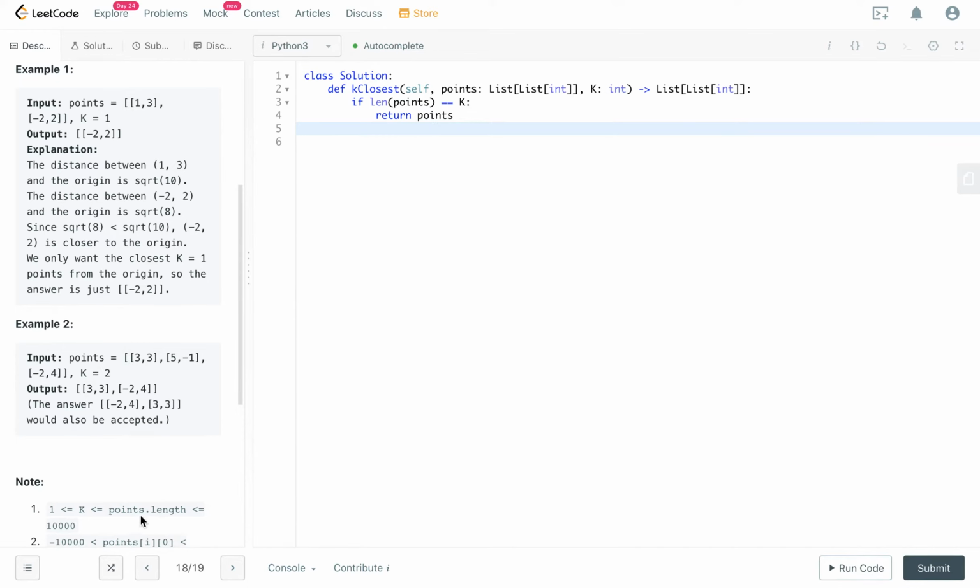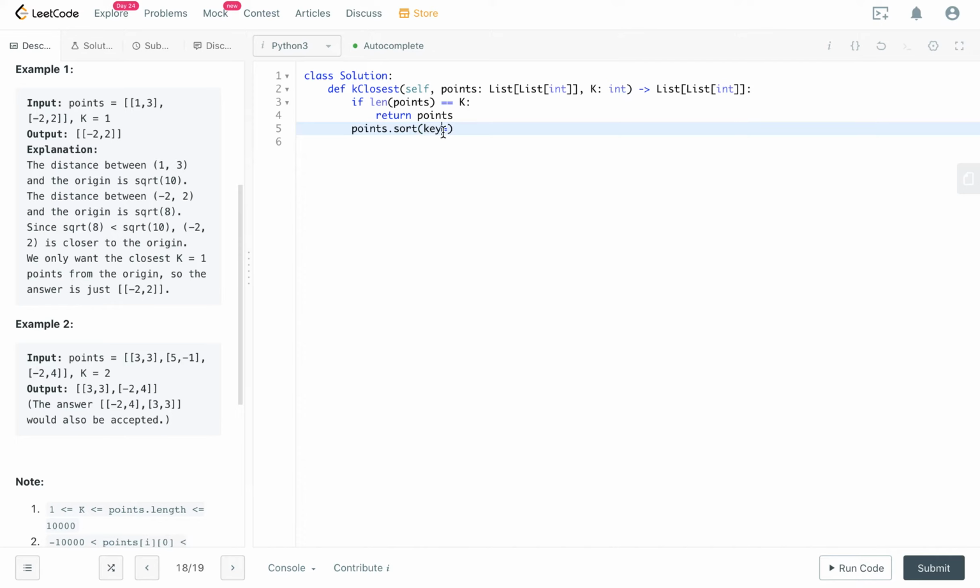So the number of points is always bigger than k, and we just need to sort the points. We can use Python's built-in function called sort, and it can take an optional parameter called key.